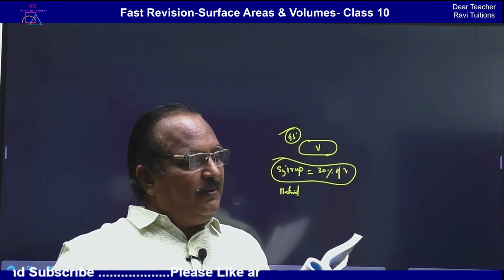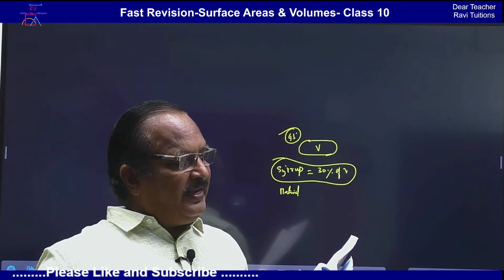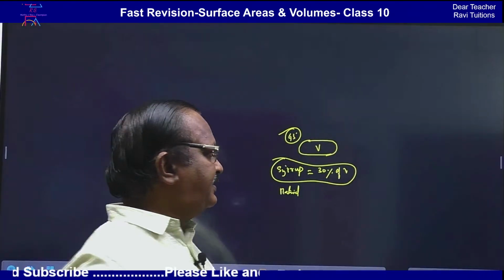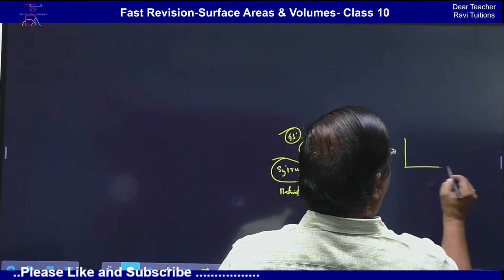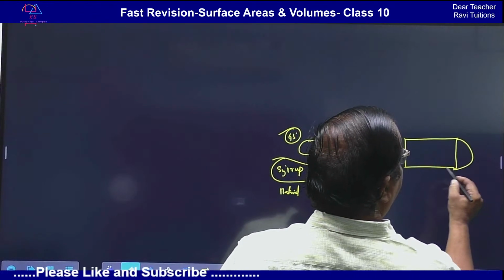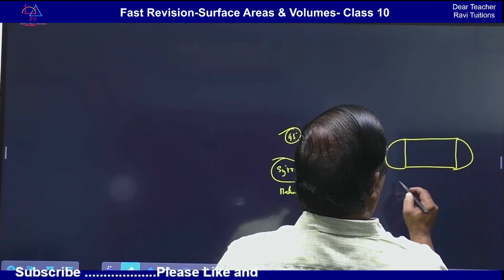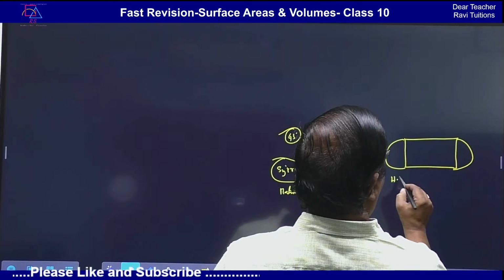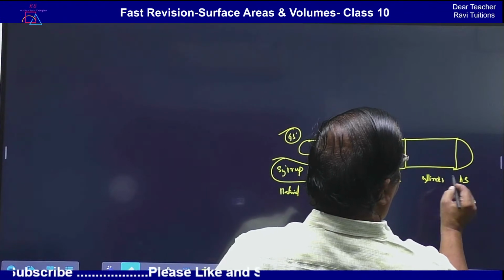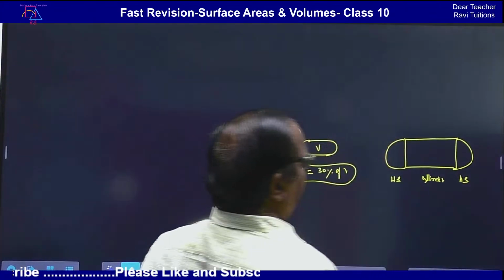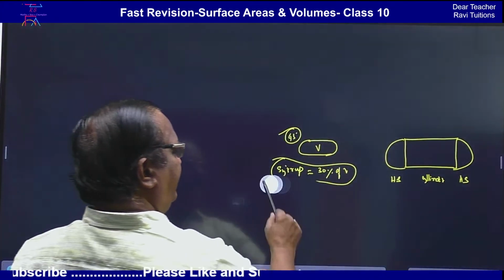And each shaped like a cylinder with 2 hemispheres. So this is a cylinder, and 2 hemispheres. So this is hemisphere, HS I will write, and this is HS, and this is a cylinder. Let me rub this.